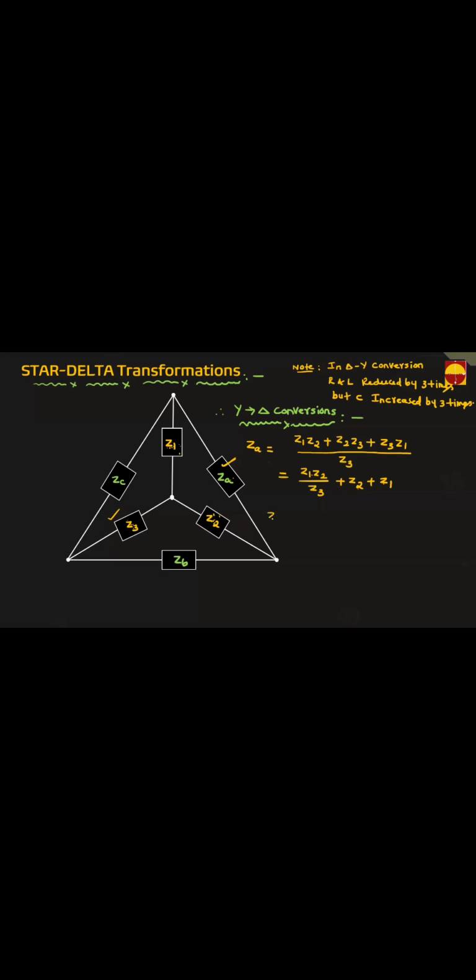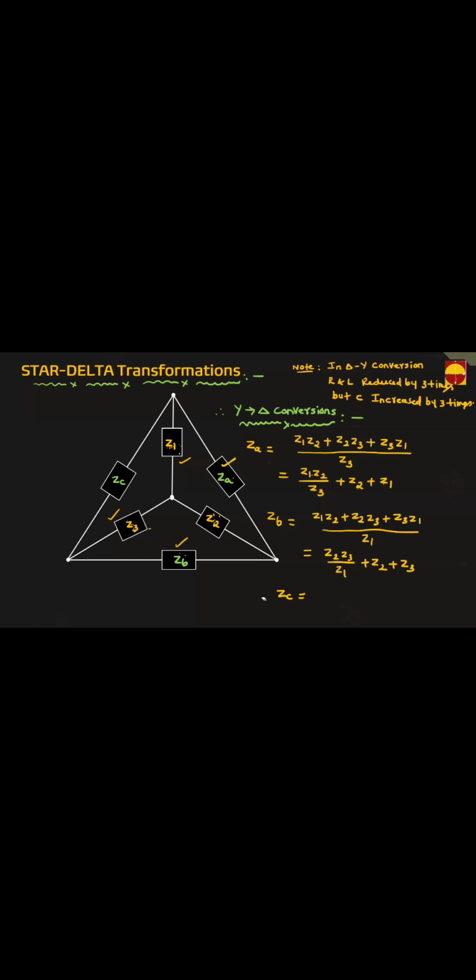Next, how to calculate ZB? Same procedure: Z1Z2 plus Z2Z3 plus Z3Z1, divided by Z1, since the opposite of ZB is Z1. Or you can write ZB equal to Z2 plus Z3 plus Z2Z3 by Z1. Next, the last one is ZC.